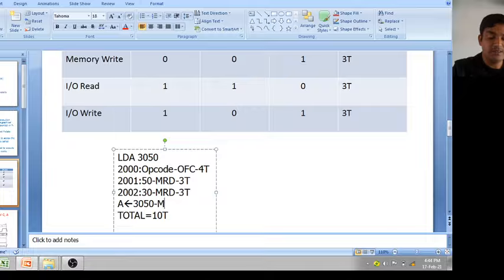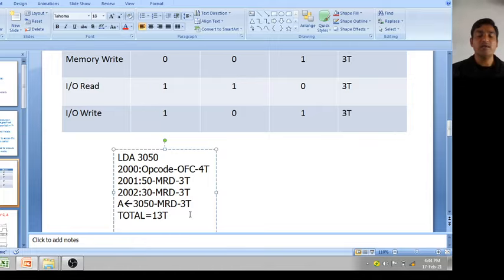So memory read, again 3T states are used. So the total T states are 13T. First fill the byte in 2000, opcode fetching. In 2001 this 50 will come, so memory read. In 2002 again 3T. Now the contents of 3050 are coming into A, meaning memory read. Total 13T.